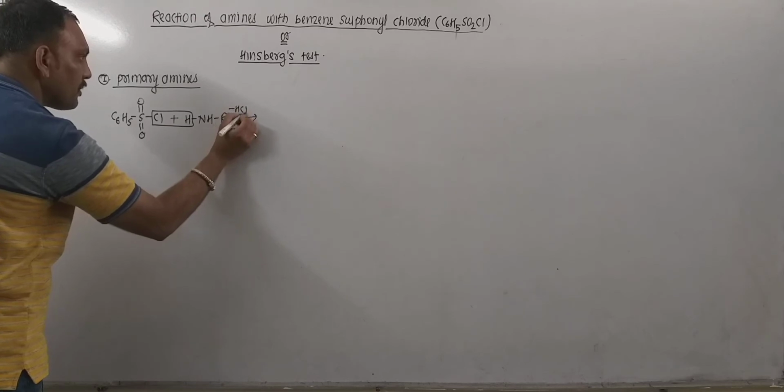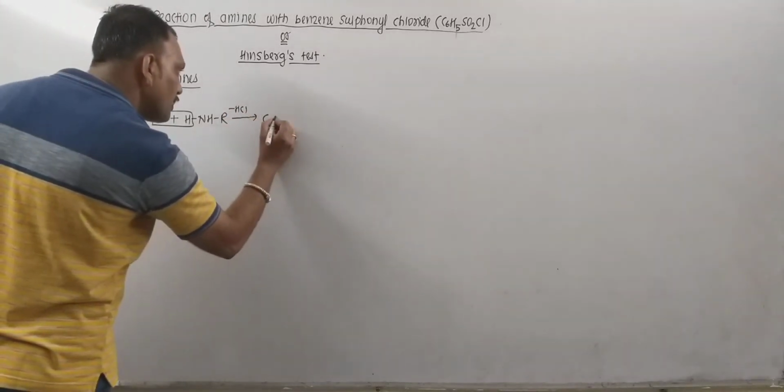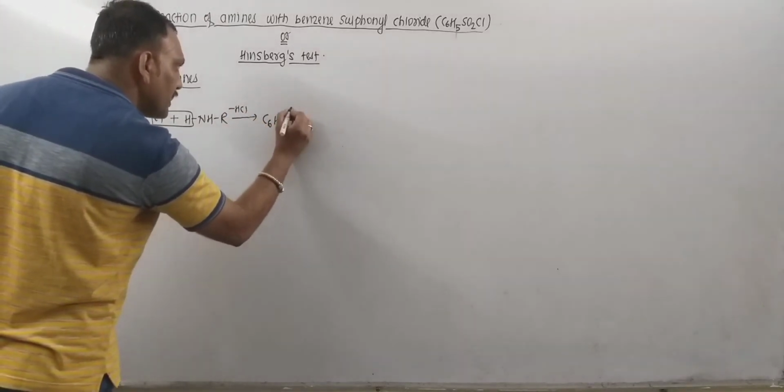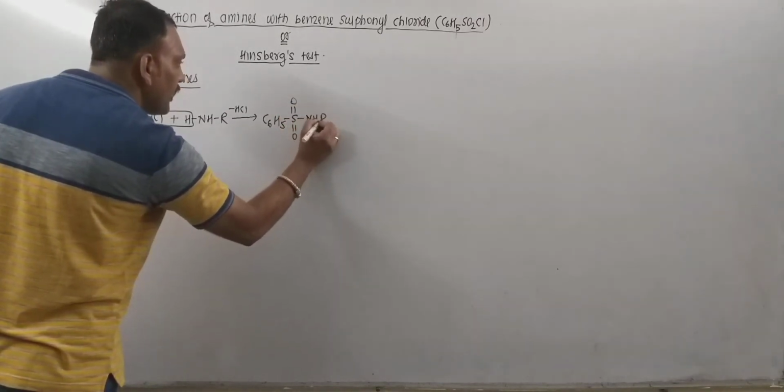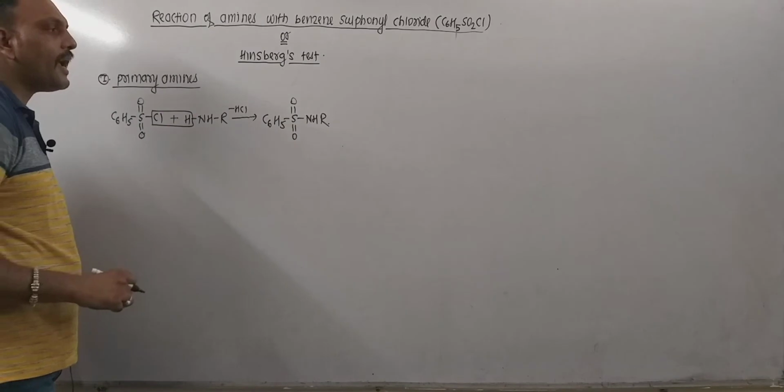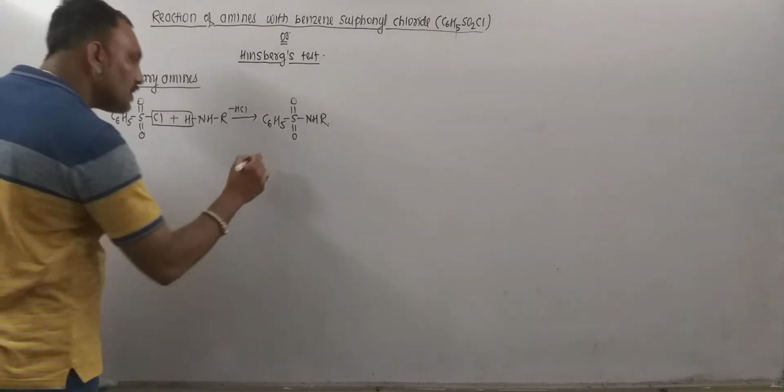Departure of HCl takes place, leading to the formation of C6H5SO2NHR. So this is N-alkyl benzene sulfonamide.